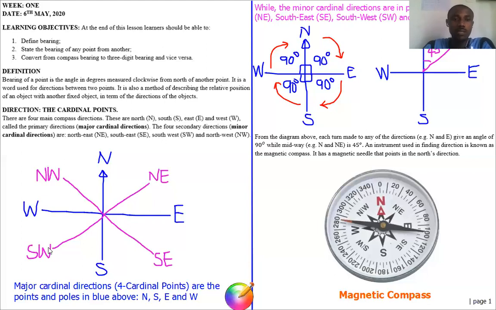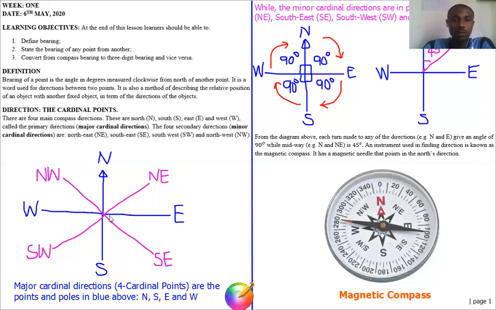Now when you look at the pink diagonals, the pink lines drawn as the diagonals crossing the cardinal points, those are the minor cardinal points or the secondary directions. They are the northwest, northeast, southeast, and southwest. Collectively, if you look at all the directions as one, we refer to these as 8 cardinal points.